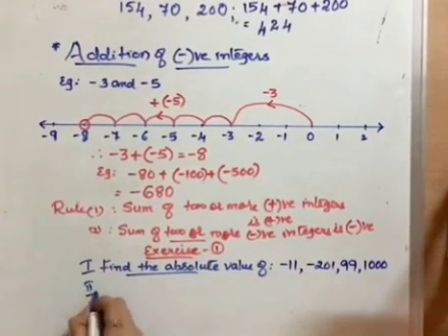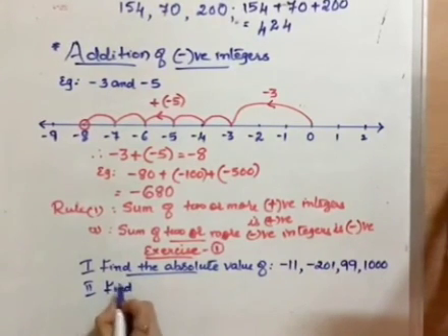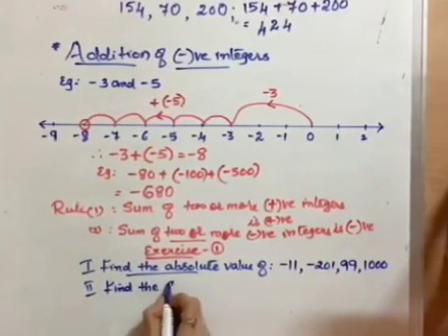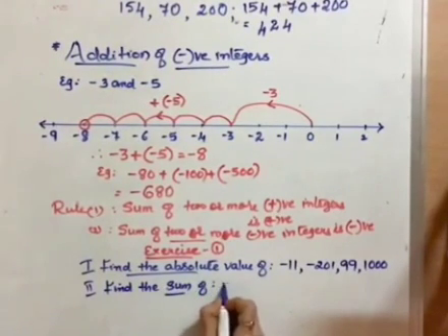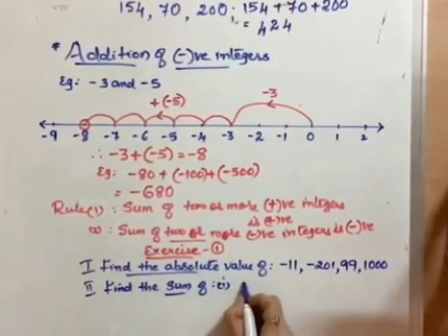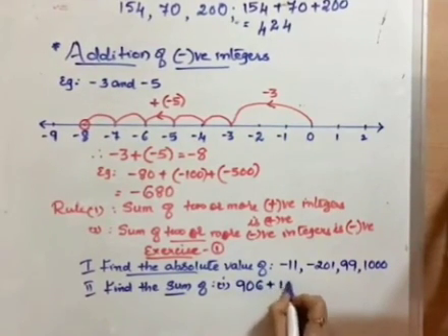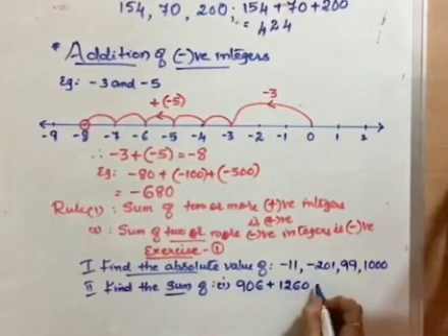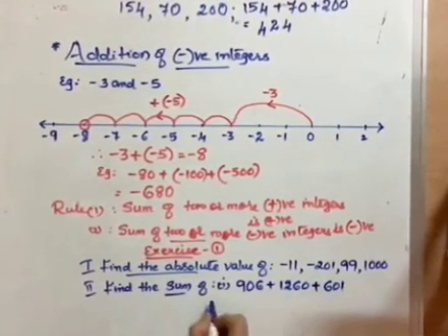Second one. Find the sum of 906 plus 1260, that is 1260 plus 601.